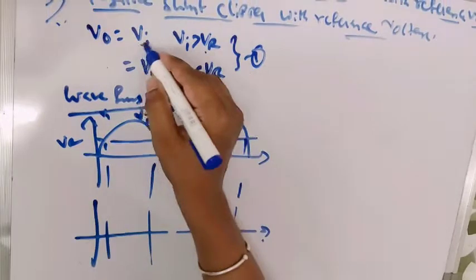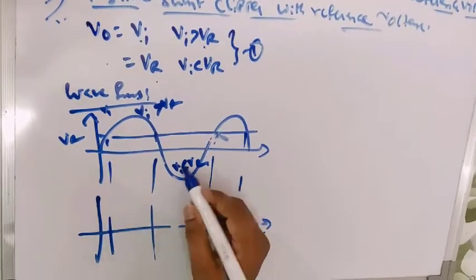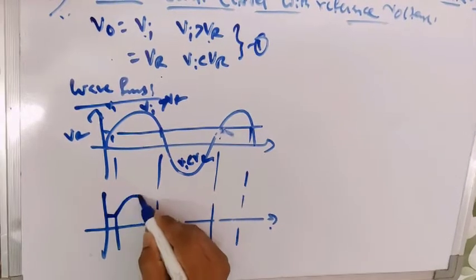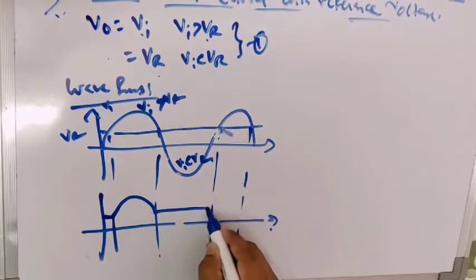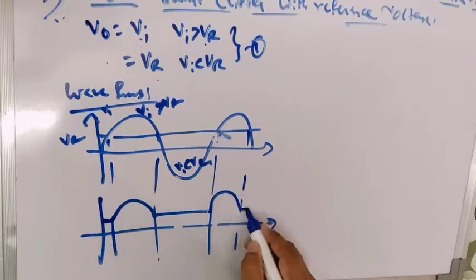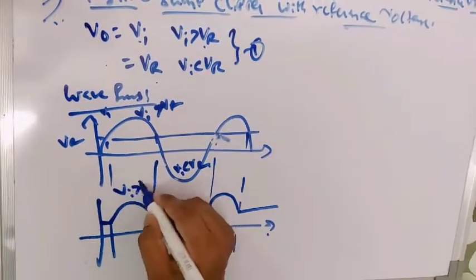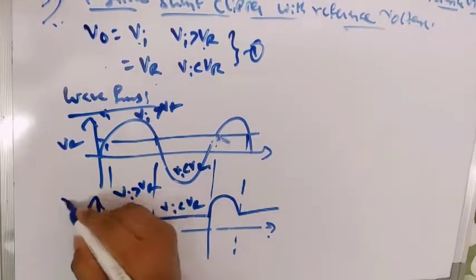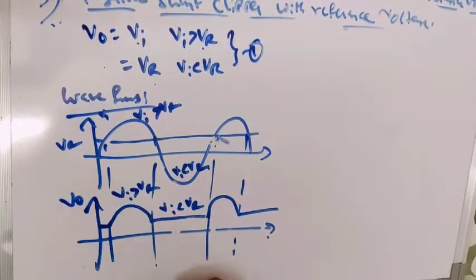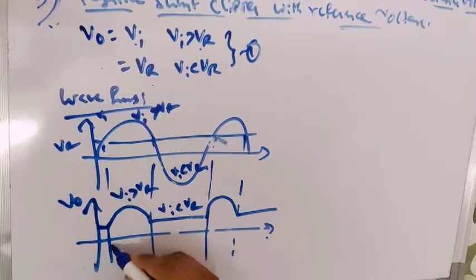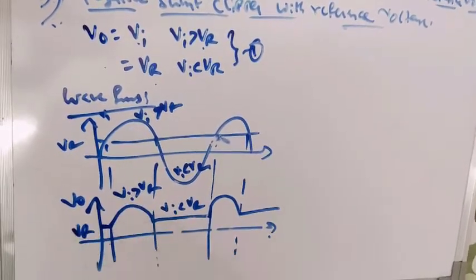If Vi is greater than VR, the output follows the input, and Vi less than VR means during this portion it will be restricted to VR, and after that it follows the input, and here during this portion it is restricted to VR, and again it follows the input. This is the output waveform, and it clips the total negative portion as well as some portion of the positive waveform, restricted to VR here.